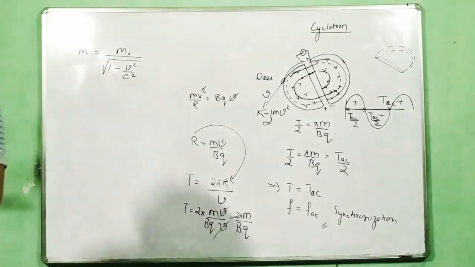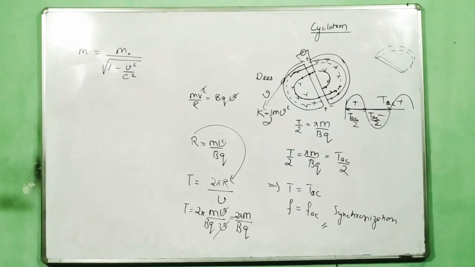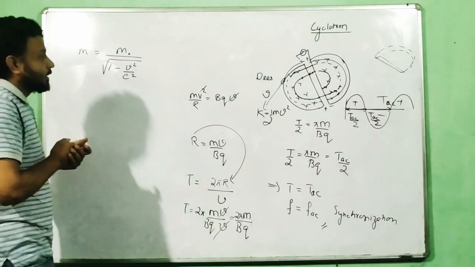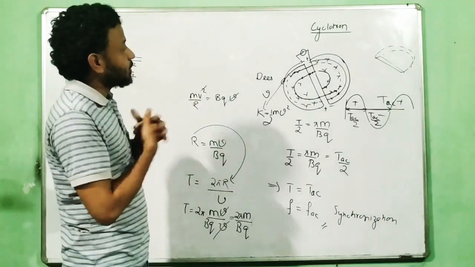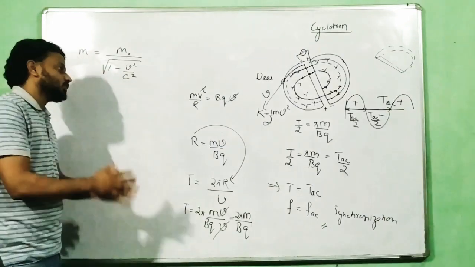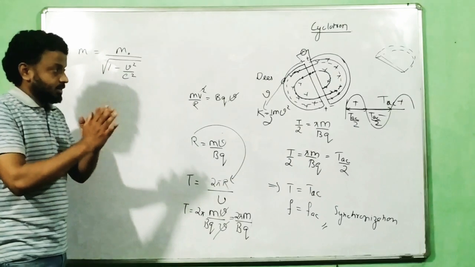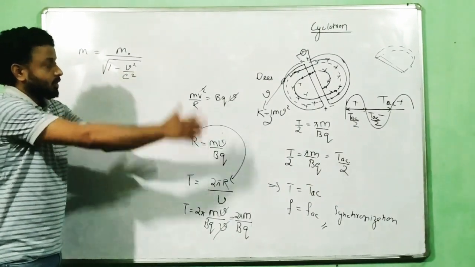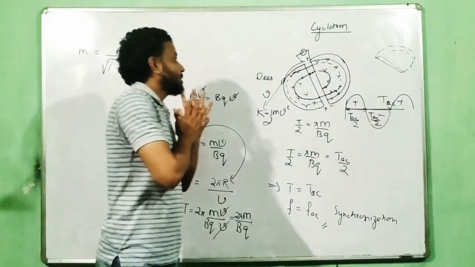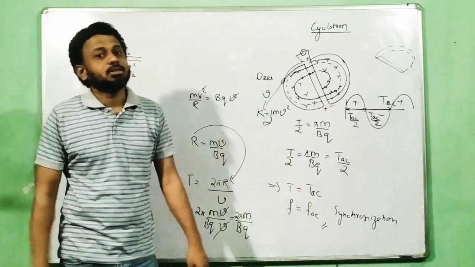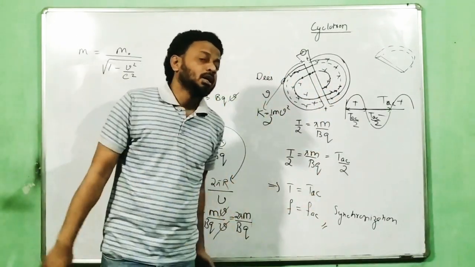So the next thing which we are going to start is the force on a current carrying wire. Force on a current carrying wire is the next topic, and this is what we have learned at cyclotron. Remember, we need machines which can accelerate charge.